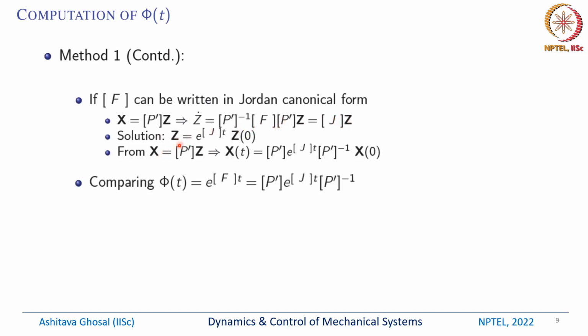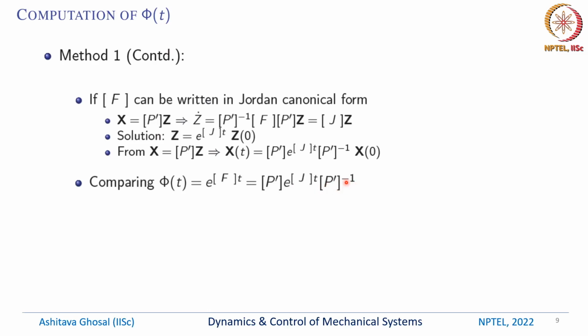So P prime inverse F P prime is this Jordan canonical form into z. So the solution to this is z is e to the power J, which is that matrix which we get in the Jordan canonical form, into z0. And hence, if you go back and see in terms of x, so x is P prime z. So hence x of t is P prime e to the power Jt P prime inverse into x of 0. And again, comparing this with this, we can see that the phi of t, which is e to the power Ft, is P prime e to the power Jt P prime inverse.